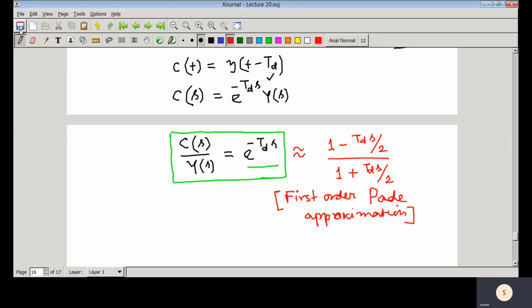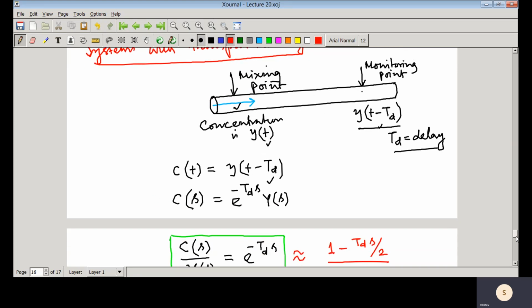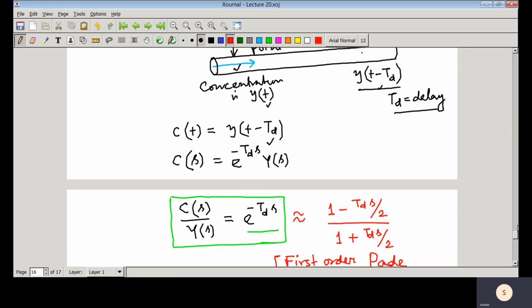What is that? We have seen that whenever there is a transportation lag, we can model it by one exponential term, that is e to the power minus Td s in the s domain, and in the time domain that is Y(t minus Td).